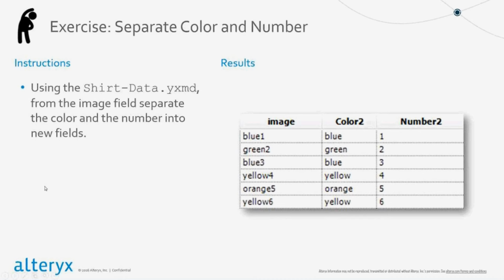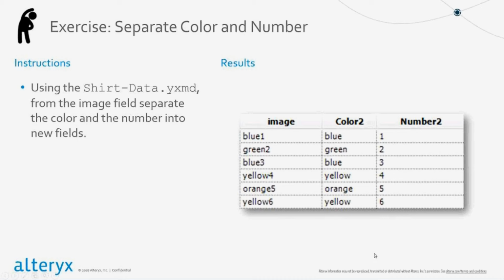Okay, so the first exercise we're going to do is using a file that has a set of data in it where there's a field called image that has a color and a number. And what we want to do is separate the color and the number from one another into separate fields, a color field and a number field.